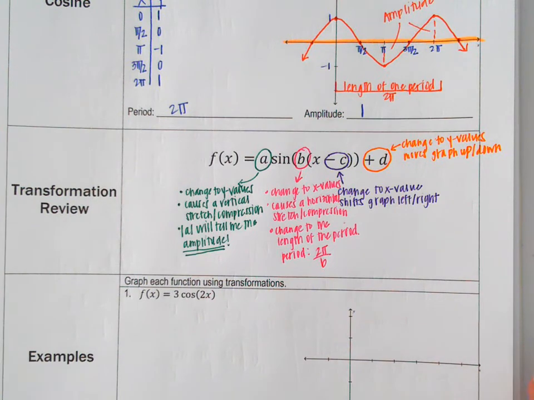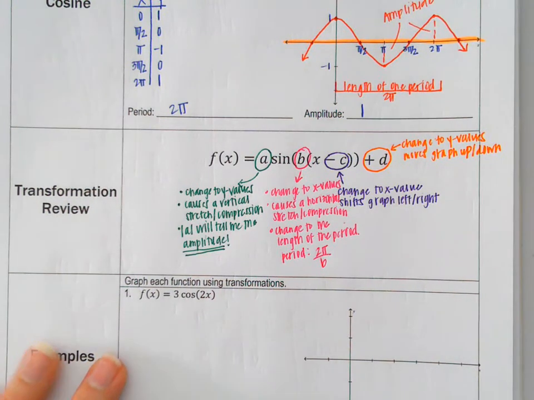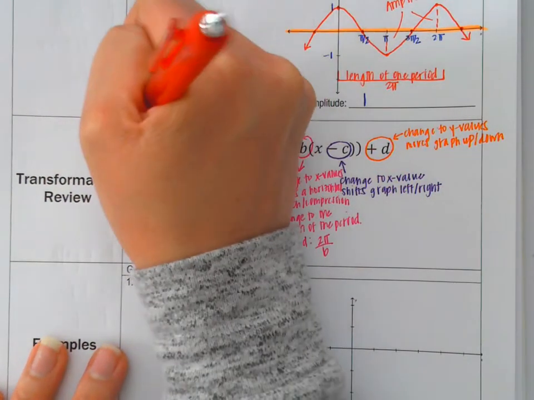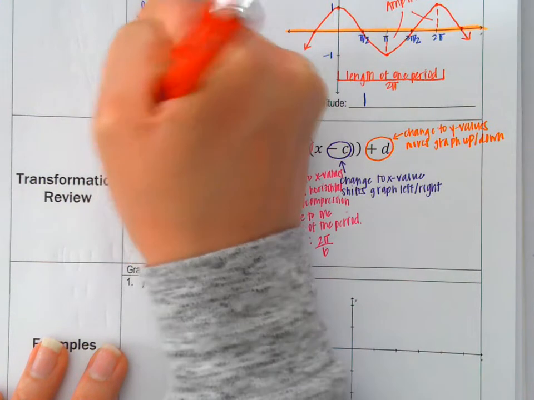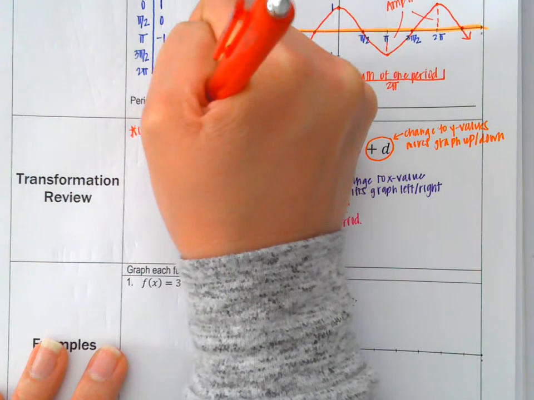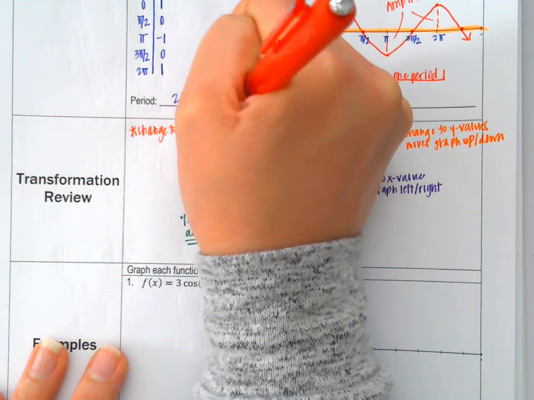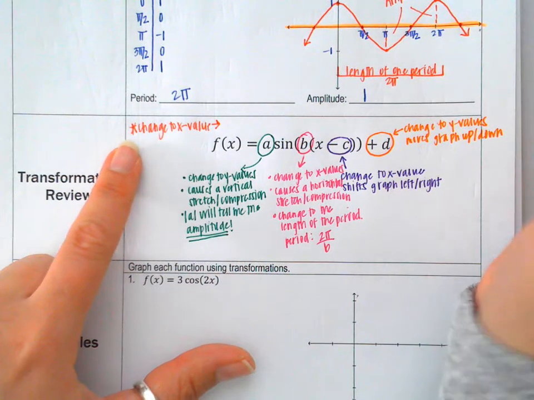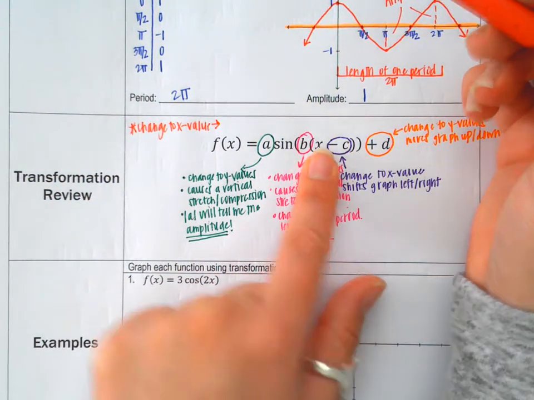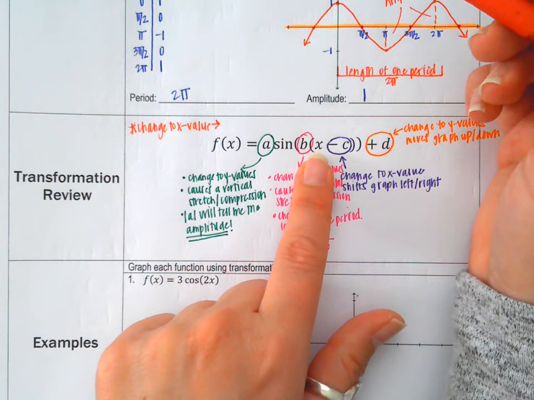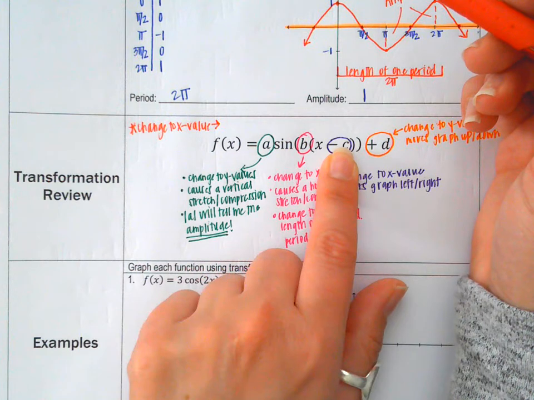Okay. The last thing, let's reiterate here. When it's a change to the x value, do you do the same operation or the opposite operation? Would I be multiplying by b or dividing by b? Would I be subtracting c or adding c?